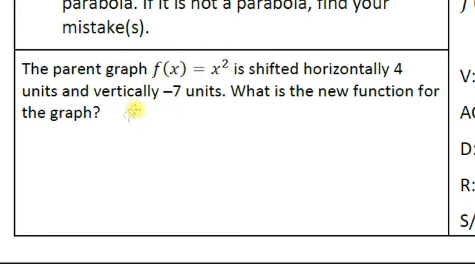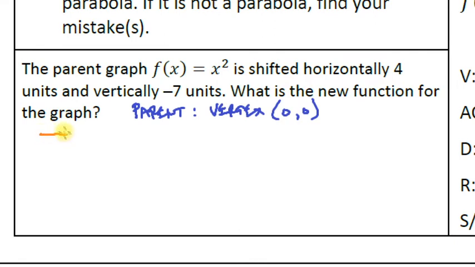And you know on the parent graph, the vertex is at 0, 0. Okay? So for the parent graph or the parent function, it's at 0, 0. So now what's going to happen is it's telling us we're shifting horizontally 4 units.